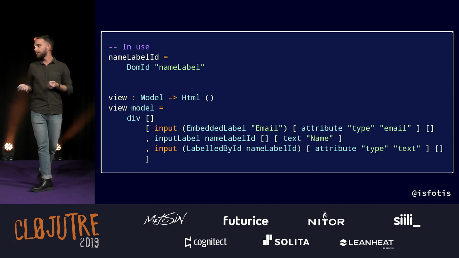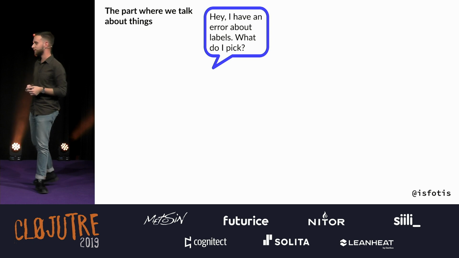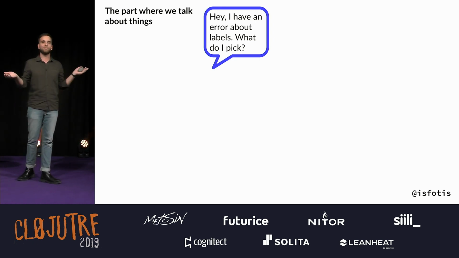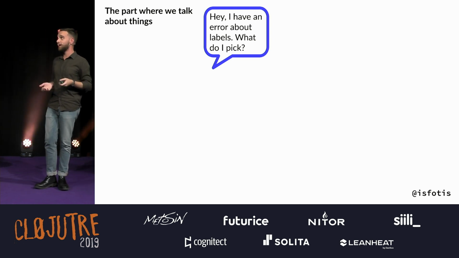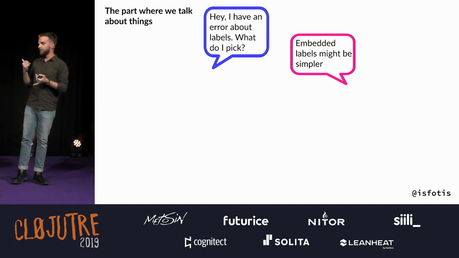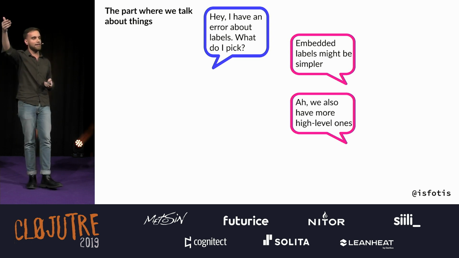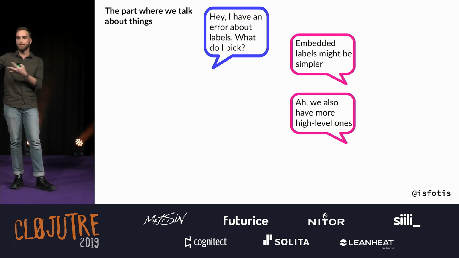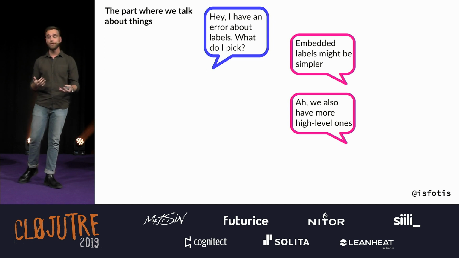And this is something that actually, a variation of this happened to me one day, that a coworker says, hey, I have this error about labels. What do I do? What is this weird input label method? I never saw that before. But that, to me, is a really good opportunity, because then it's like, oh, embedded labels might be simpler. Oh, by the way, we also have higher-level functions, like email input, float number input, stuff like that, that really you don't need to think about adding the label, so maybe you can use one of these.